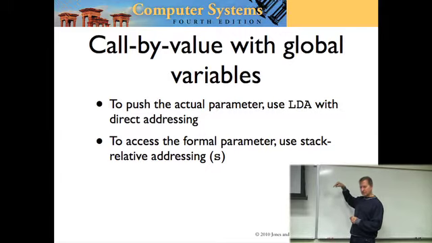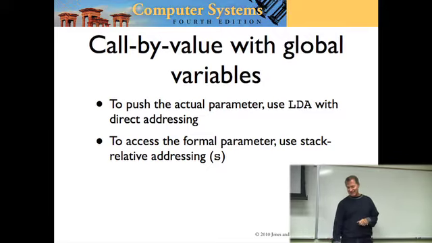Stack relative, and it has a symbol. There's going to be a different symbol for the actual parameter and for the formal parameter. Well, actually, there won't be a symbol for the actual, because it will be its value. It will be a negative. Well, let's just do it.